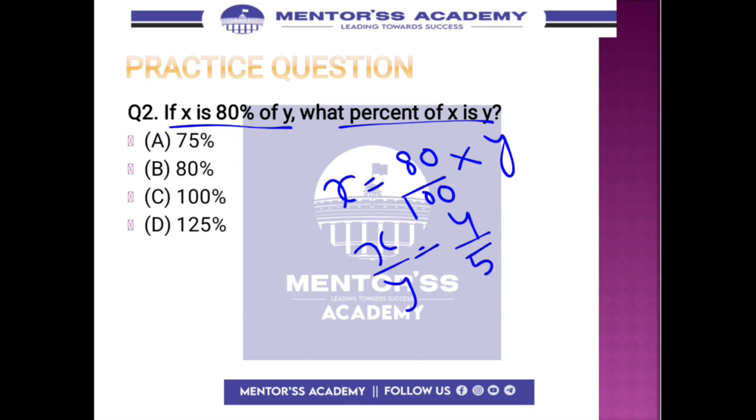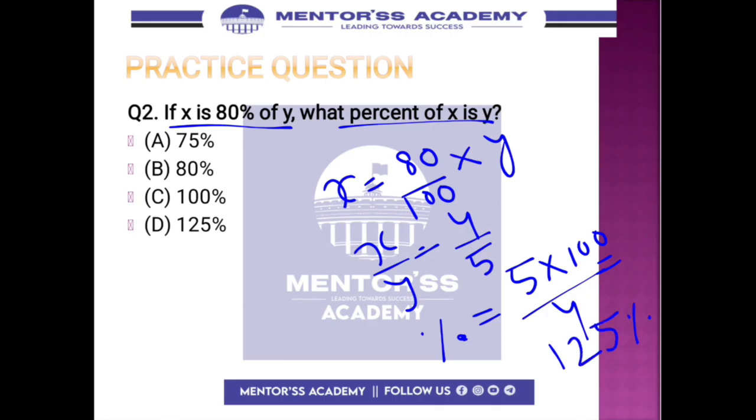What percent of x is y? So the required percent would be 5 into 100 by 4, that is 125%. So 125% of x is y. The answer here is 125%.